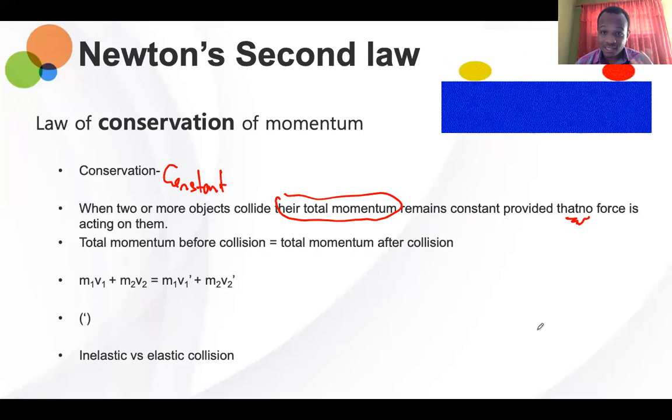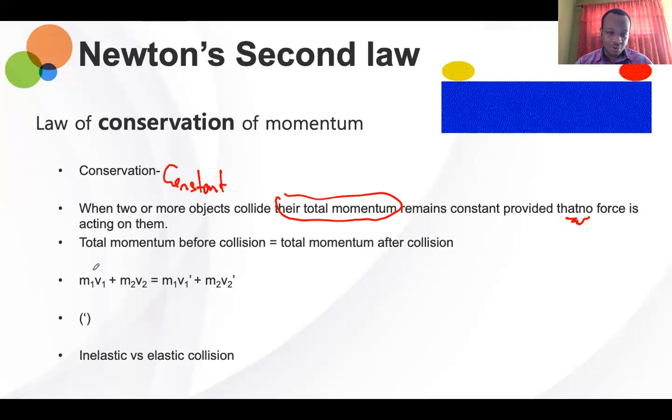We'll go back now. You're not really required to explain why this happens. You should just be able to identify that that's the case. The momentum doesn't change after a collision. It stays the same, right? So we have our first mass here.